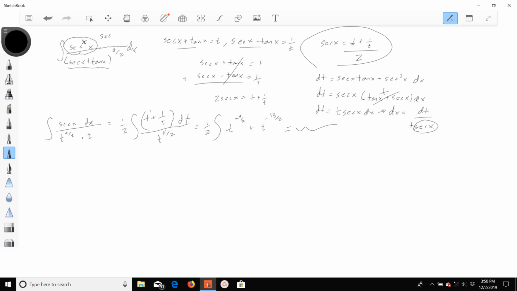In other words, I know you could do that. And then remember to plug back in. We don't care what t is, we care about it in terms of x. We want it in terms of x here.